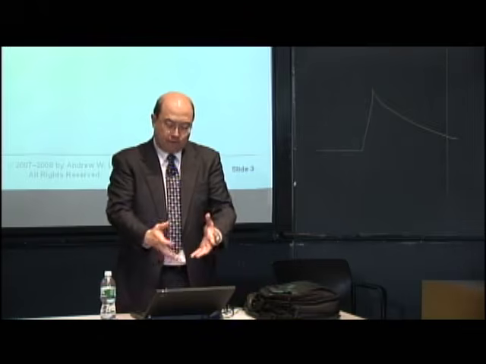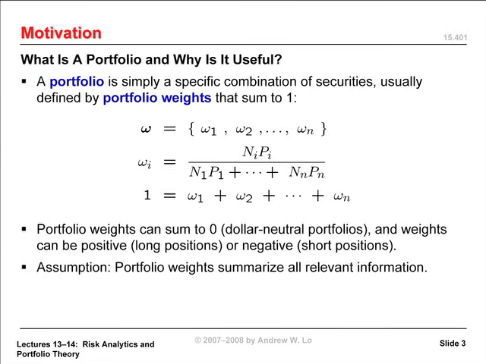Now, this is the framework that we use in terms of the notation. Omega, the Greek letter omega, when we write it as a vector, denotes the set of weights for your portfolio. So if you've got n securities, then this vector omega, which is equal to omega 1, omega 2, dot, dot, dot, omega n, is a portfolio.